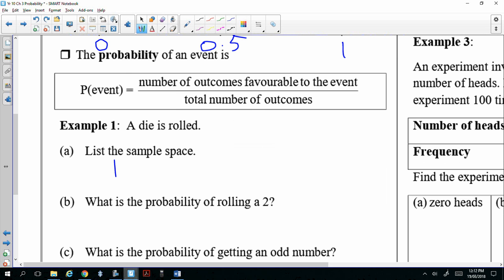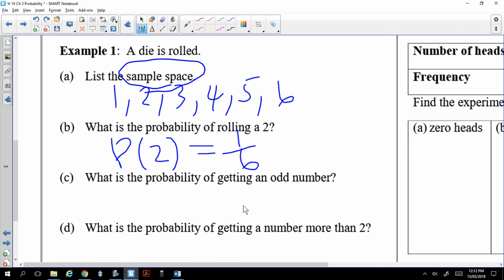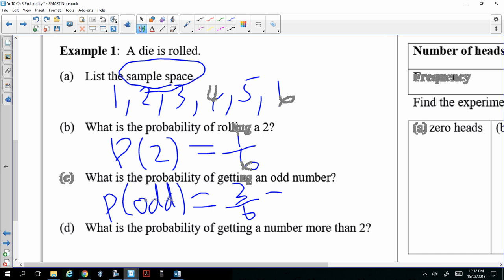Once you know the sample space, answering the questions is very easy. You write P(2), which means probability of getting a 2. It's a 1 in 6 chance that will happen, which is unlikely. And the probability of odd, how many odd numbers are there? There are exactly 3 odd numbers, which is half after you simplify. So make sure you simplify your fraction in probability.